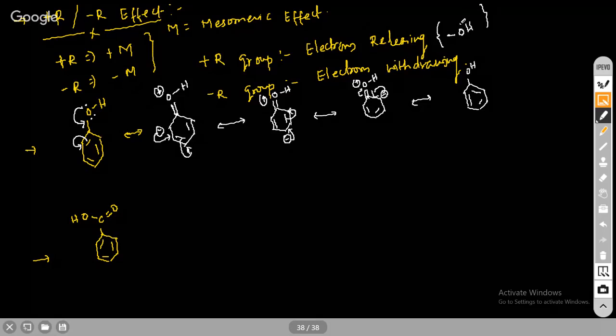Okay, electron releasing group. So this is how you can understand, okay, if lone pair or negative charge is present.